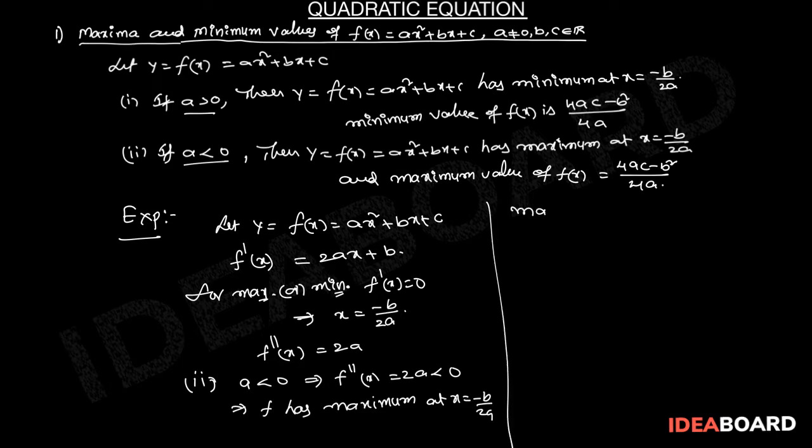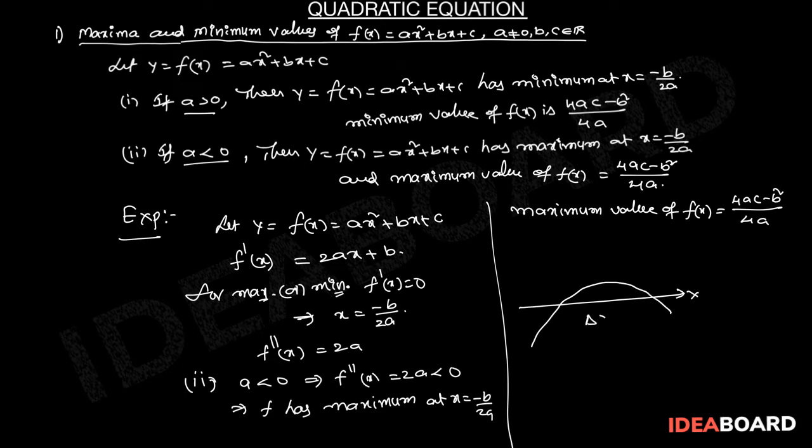Maximum value of f(x) is (4ac - b²)/4a. Observe the graph of the functions. This is the x-axis. Downwards parabola. This is the delta greater than 0 case. It has a maximum at x = -b/2a.